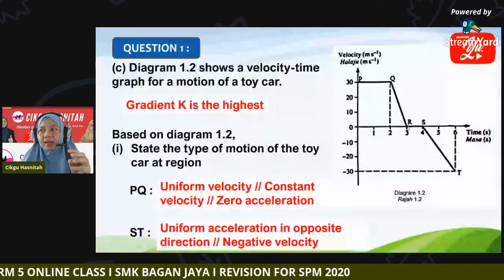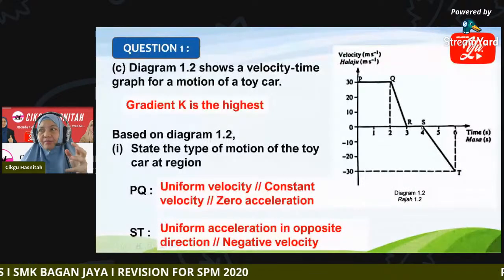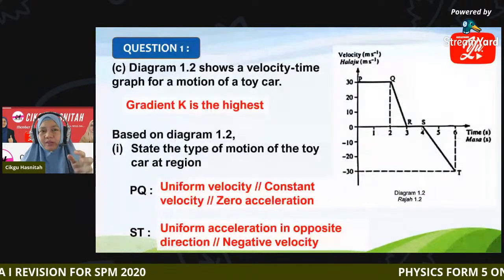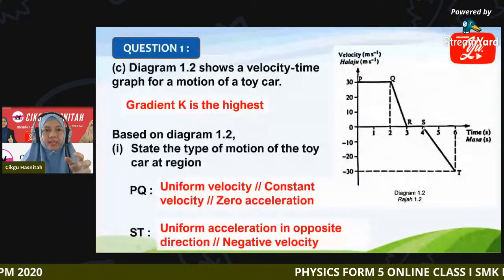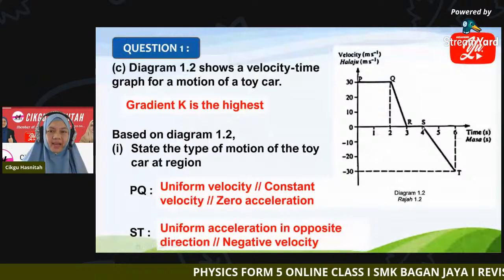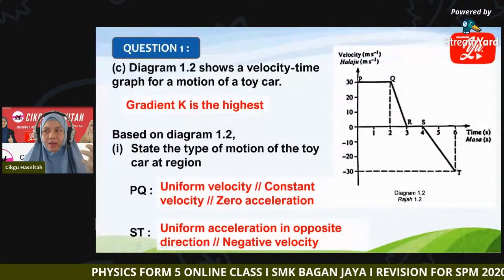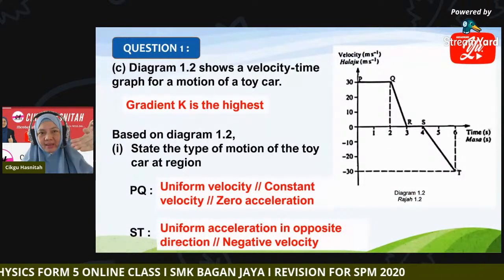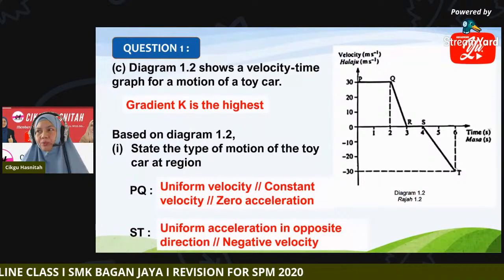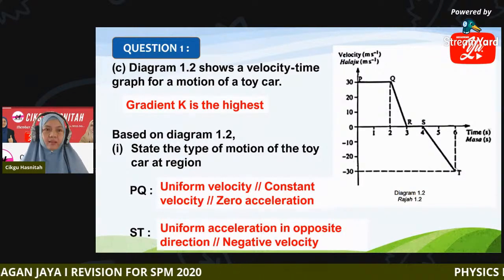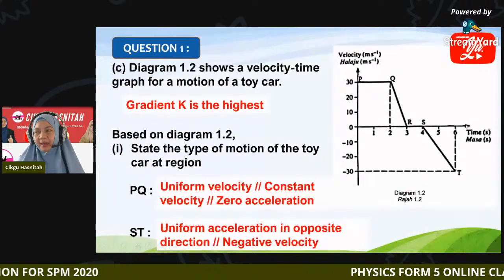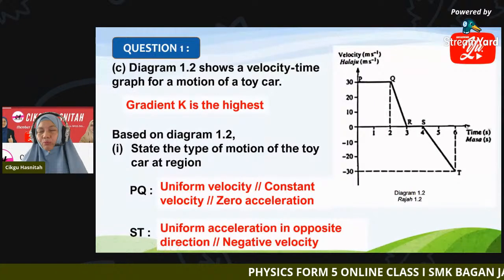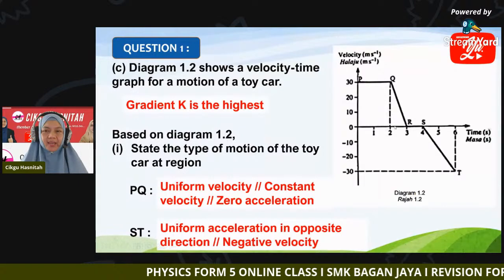And then it starts moving again from S to T. So it starts from 0 to 30 meter per second, but in the opposite direction. So that's why the graph is below the principal axis, below the x-axis. Are you clear that, Jinjie?